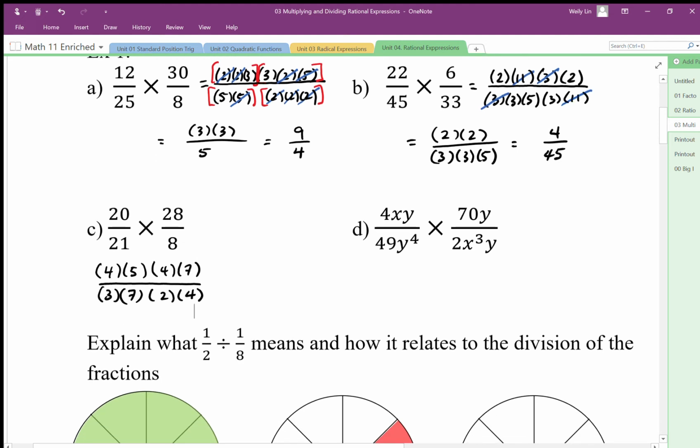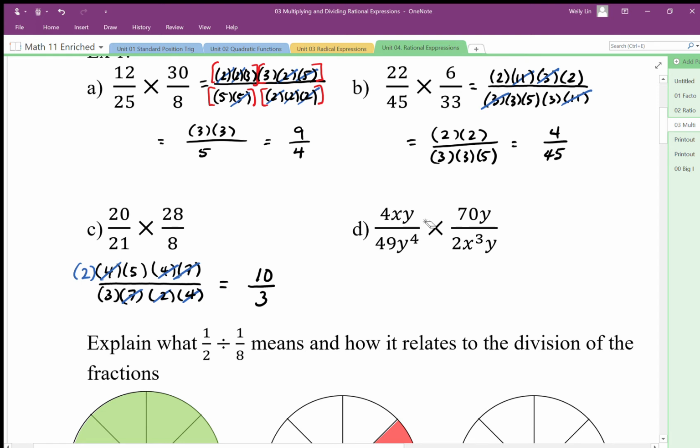Once I have my times and divide all in the right spots, I can start canceling out factors. So I have 20 over 6, but this 4 and 2 can cancel out, and so I'm left with a 2 on top. So my simplified version of this is going to be 10 over, and the only factor that's left on the bottom is 3.